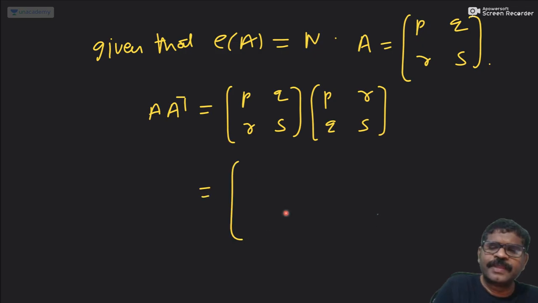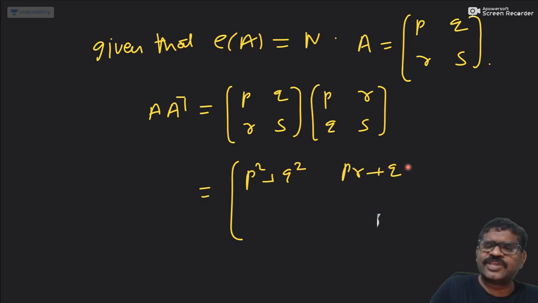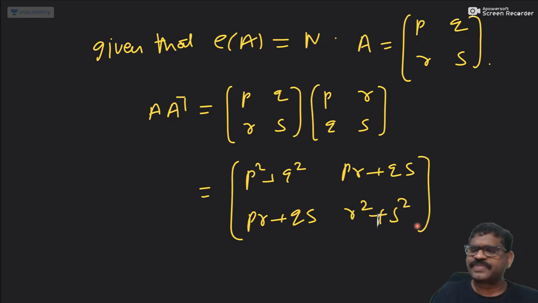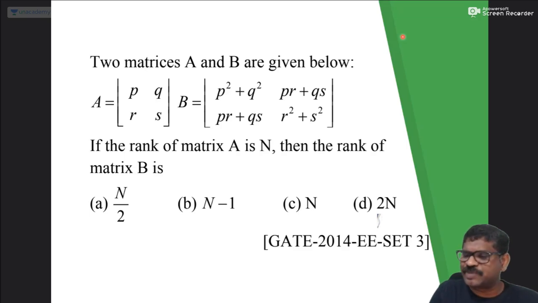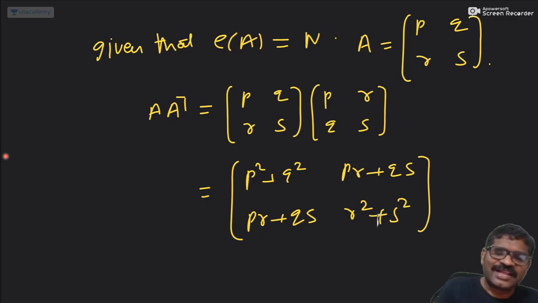Multiplying gives [[P square plus Q square, PR plus QS], [PR plus QS, R square plus S square]]. It is nothing but matrix B.